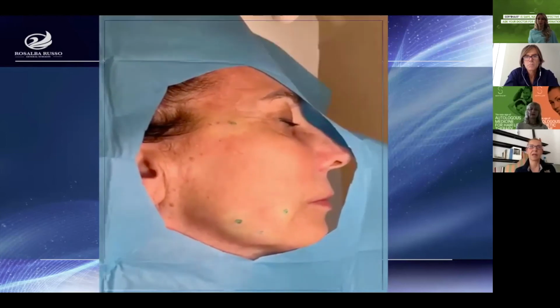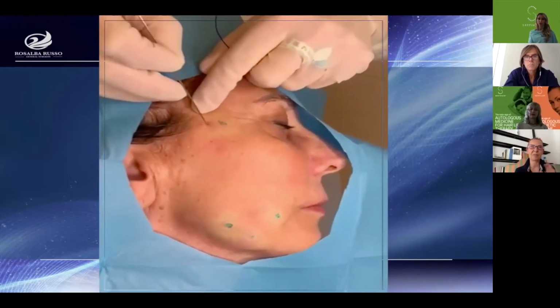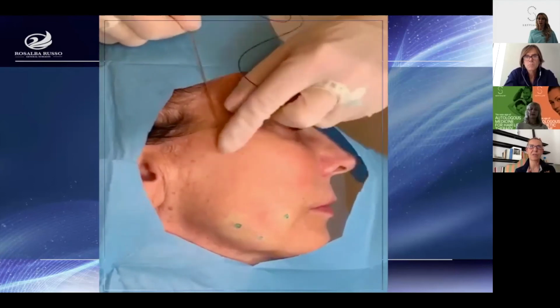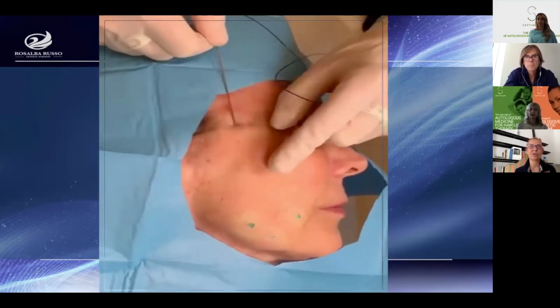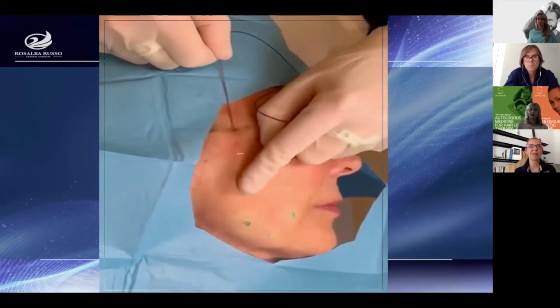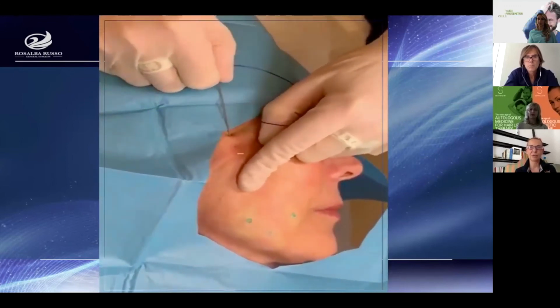You must emulsify with about 15-20 passages between one syringe and another, so as to make the adipose tissue as fluid as possible before inserting it in the area to be treated.